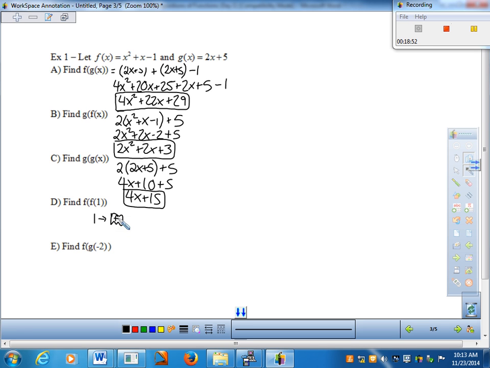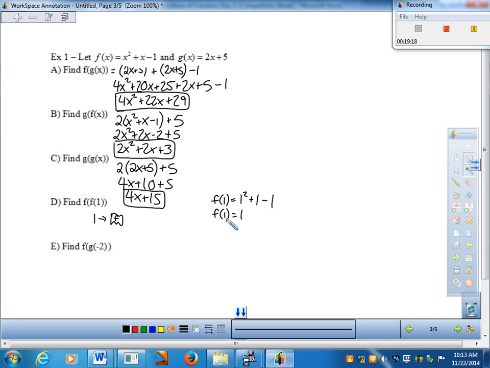So let's go ahead and put 1 in for f. And so f of 1 essentially. I'm going to probably do this off to the side a little bit, I'm just kind of thinking out loud with this. But f of 1 basically means 1 squared plus 1 minus 1. And are you okay with me saying in this case f of 1 equals 1?